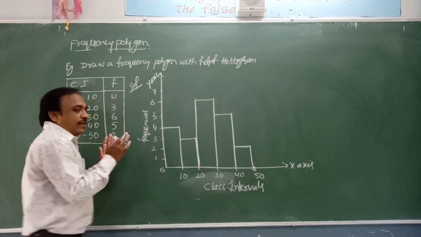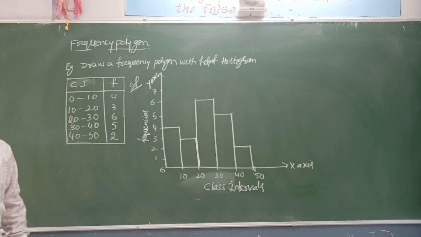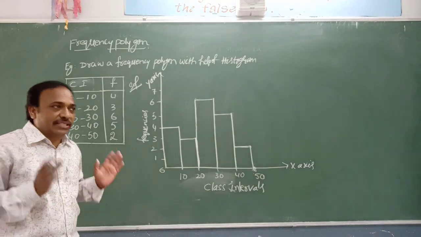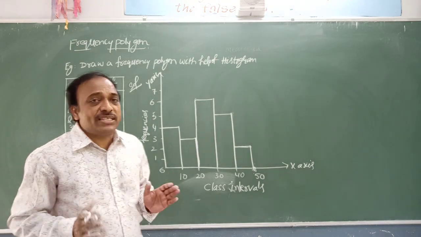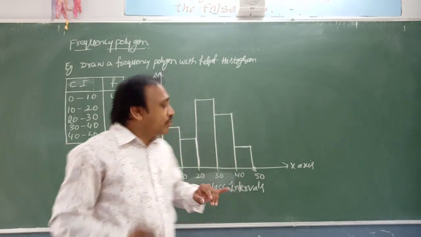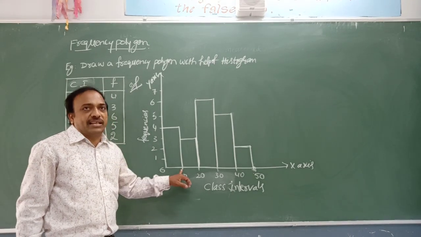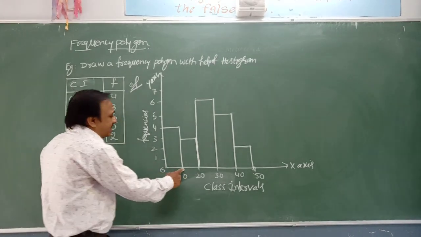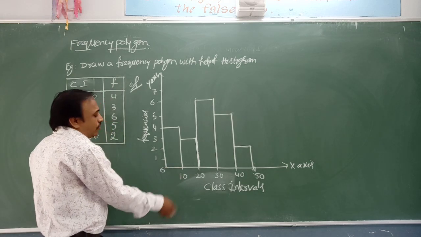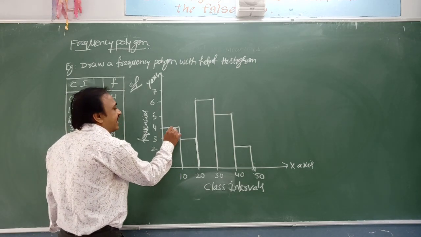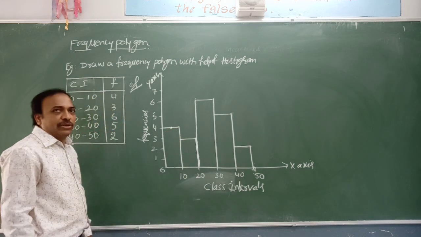Now with the help of the histogram, we are going to construct a frequency polygon. For that we first require the midpoints of the class intervals. See 0 to 10: what is the midpoint here? 5. So you locate 5 over here, and the frequency is 4.